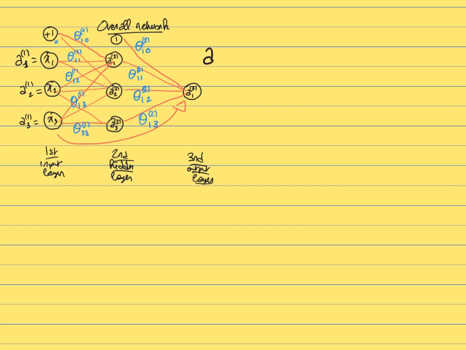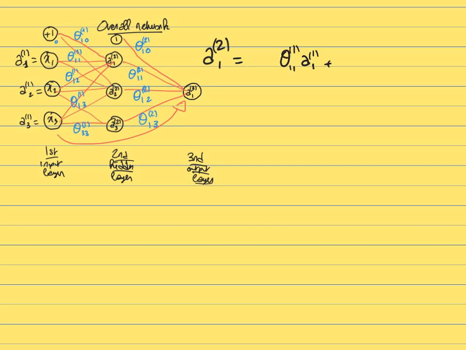If you take the first neuron of the second layer, so this neuron here, it is going to take as input the values of each of the previous neurons. It's going to take neuron number 1, which is feature 1 from layer 1, and multiply it by the weight theta 1 1.